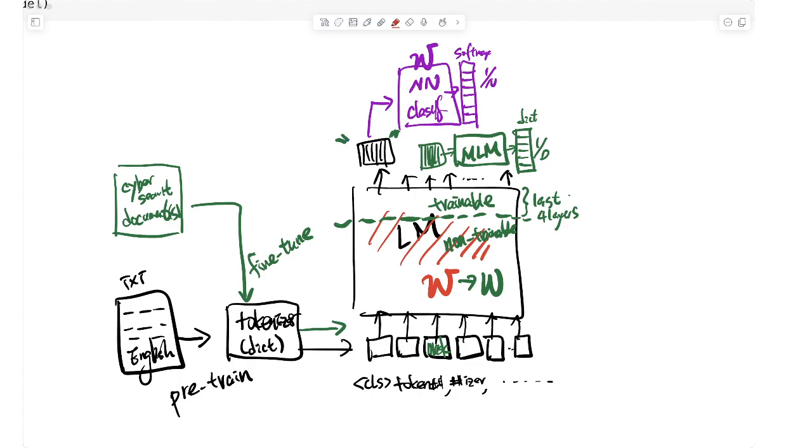So take a look at the green one. There is a path to fine-tune the red weight to green weight, and the green weight is fine-tuned by using cybersecurity documents, by using the MLM task.